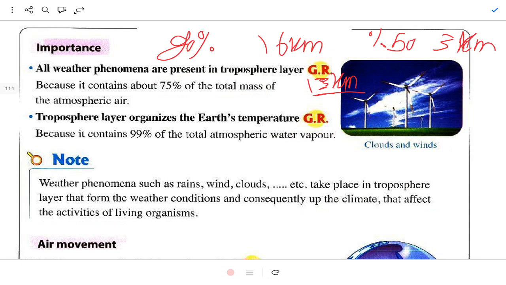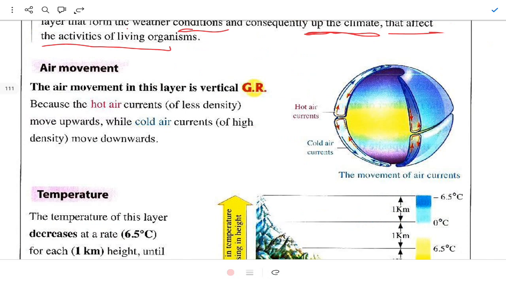And the air movement in this layer is vertical. Vertical like this, and this is horizontal. So vertical is like this, because the hot air currents move upward while the cold air currents move downward.